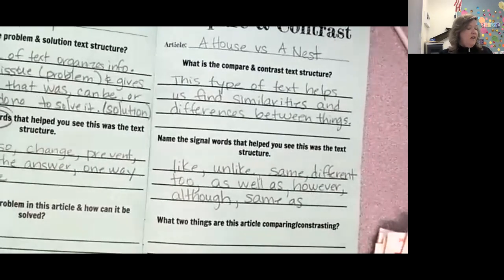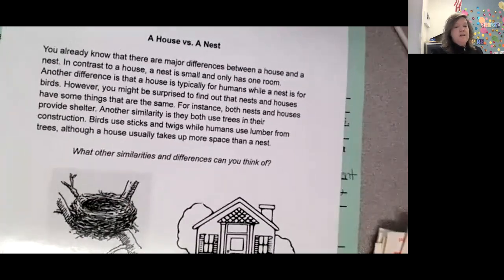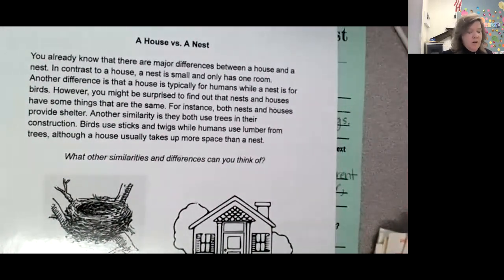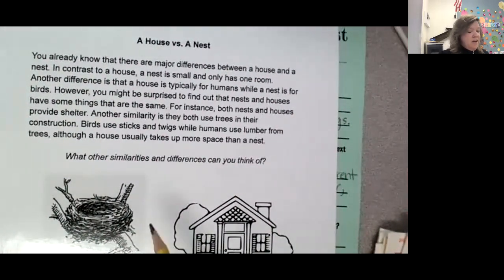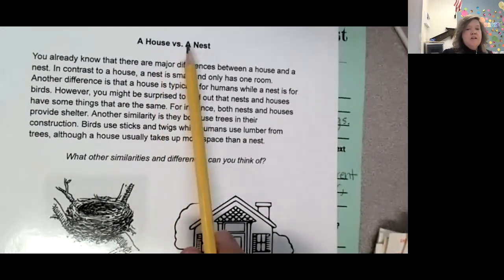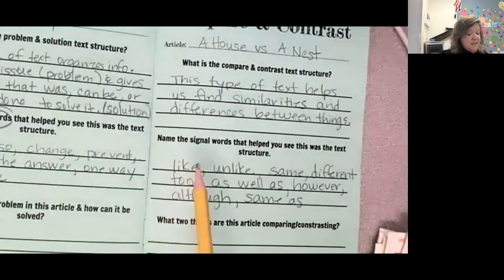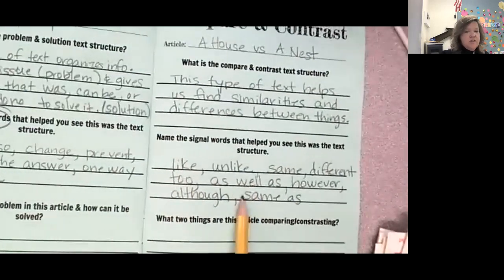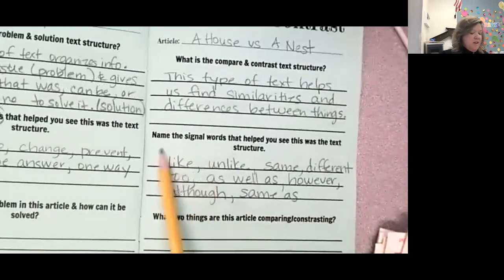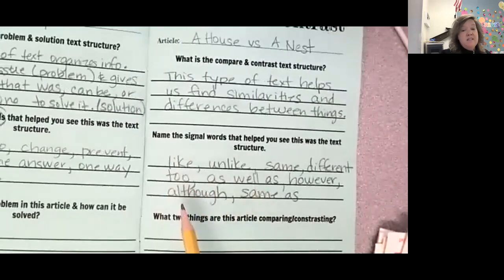All right, so I'm going to go ahead and go on. You are going to read this very, very short article about comparing and contrasting a house versus a nest. And what I'd like for you to do is see if any of these signal words you find. If you do see them, go ahead and circle them, or you may find some more that you want to add to this list.